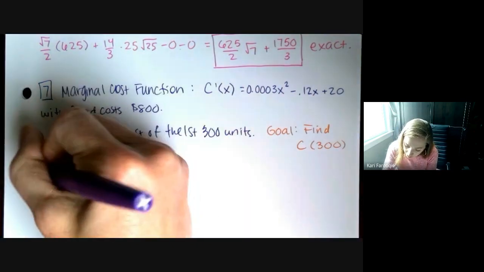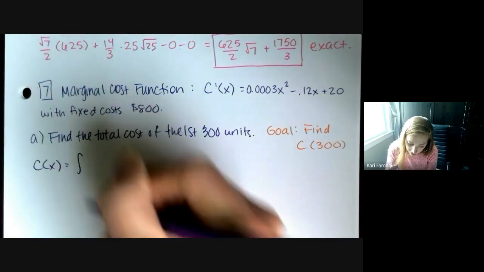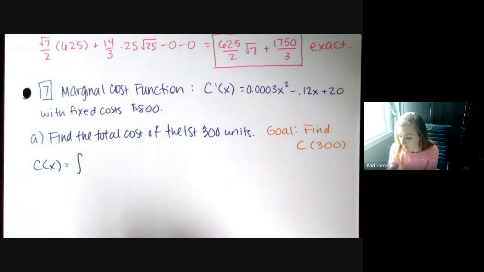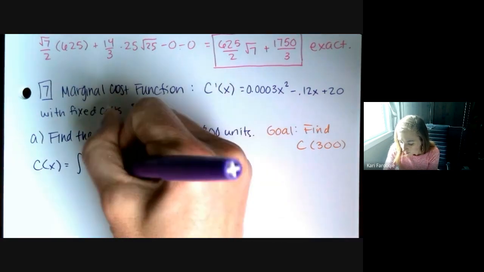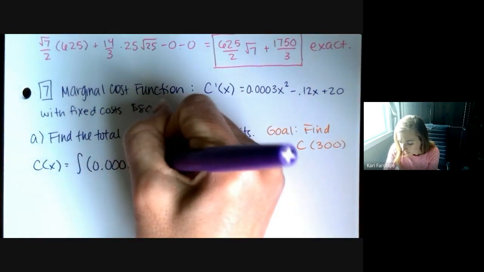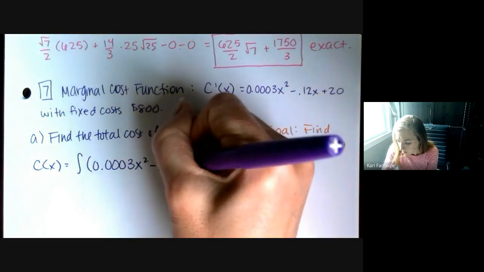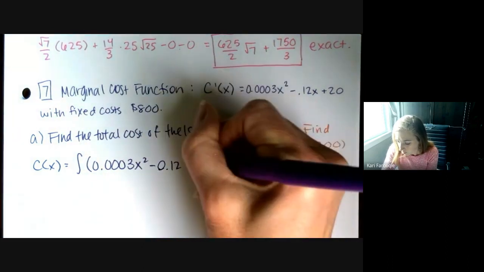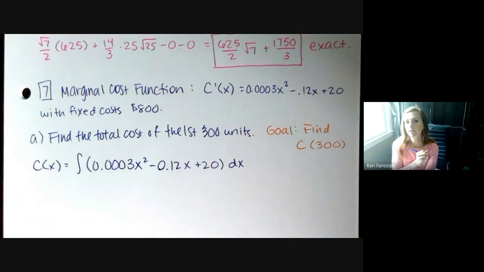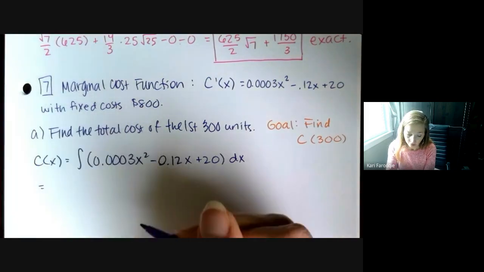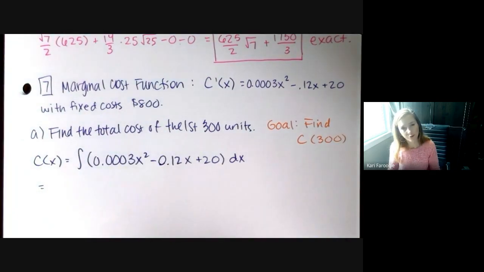All right, so C of X is the integral of C prime. So the integral of 0.0003x squared minus 0.12x plus 20 dx. So this is going to require some calculator usage. Well, it won't require it, but you'll find it very helpful.